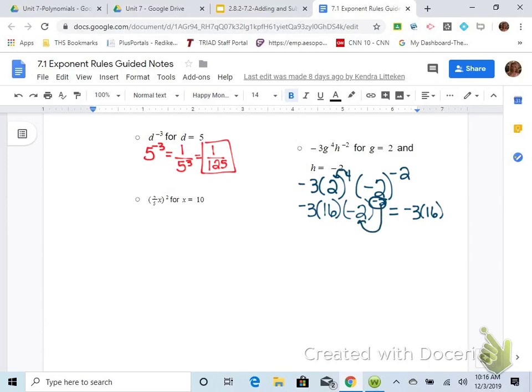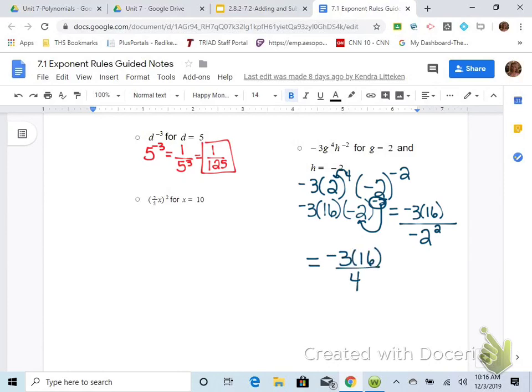Negative 2. So what crosses the line with it? Negative 2. Now, I only changed the sign of the exponent. So what's the exponent sign I'm changing? Negative, to a positive. Okay, so only change the sign of your exponent. Then what's negative 2 to the 2nd power? 4.